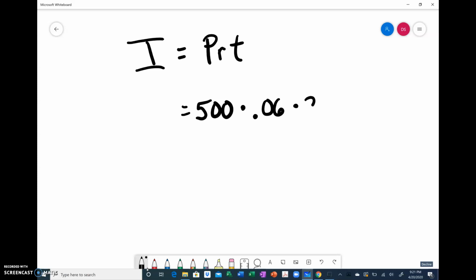After 2 years. So we have each of these parts. Now this one is similar to example 1. The question is, what will the balance be? Not what is the interest, but I have to find the interest first. So I think these are the easiest because you just multiply everything out. 500 times 0.06 times 2 is going to equal 60.